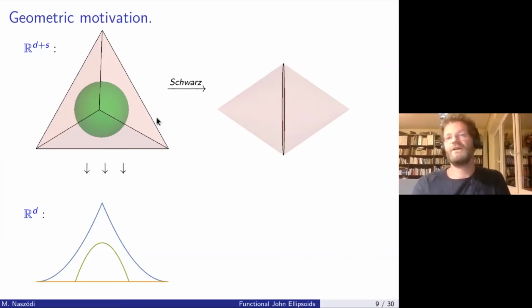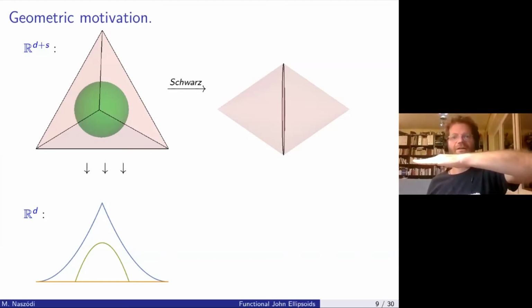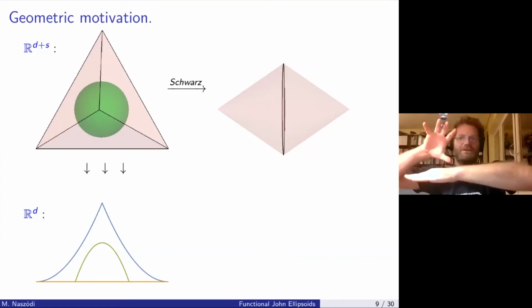So here's one way to tame this zoo of convex bodies up there, which is to take Schwarz symmetrization. Schwarz symmetrization is the following: it's Schwarz symmetrization about R^D. So here is R^D, and we have some convex body in R^(D+S).